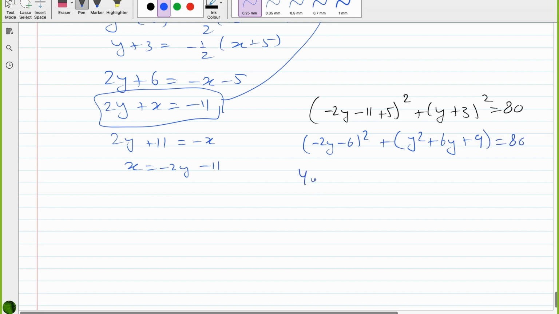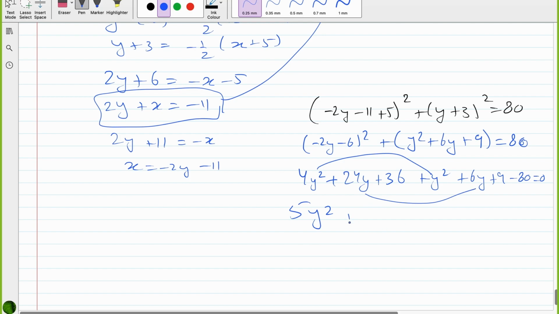Now expanding, 4y² + 24y + 36 plus y² + 6y + 9 minus 80 is equal to 0. So these give us 5y², these give us 30y, and the numbers 36 plus 9 minus 80 give negative 35.